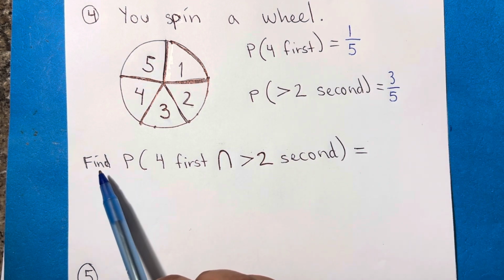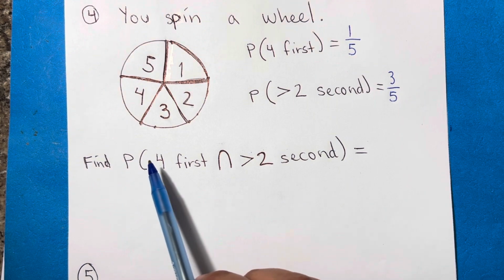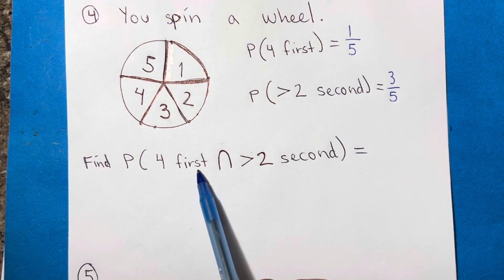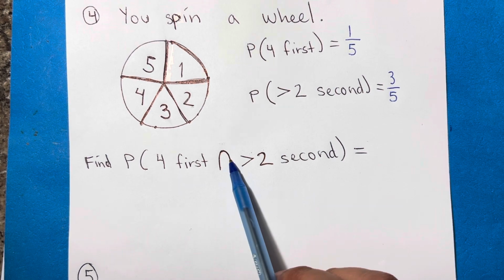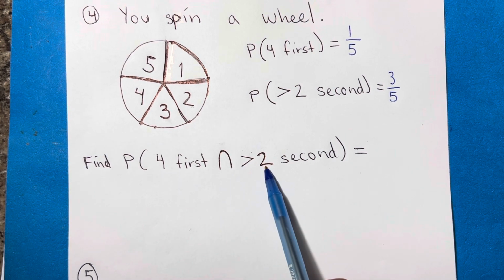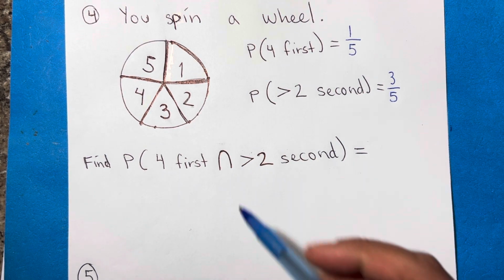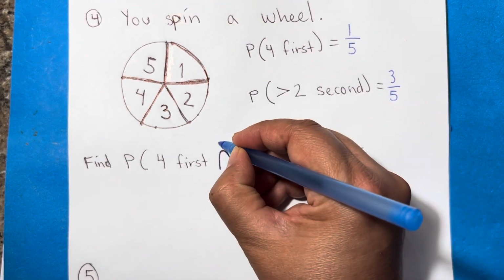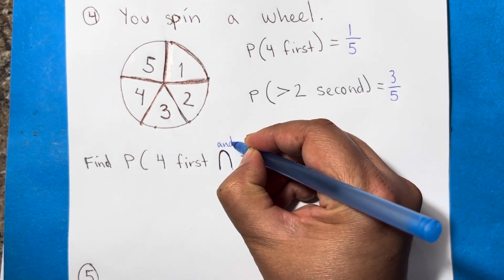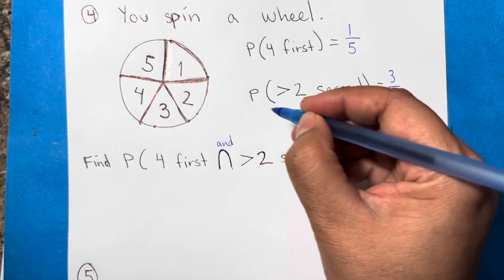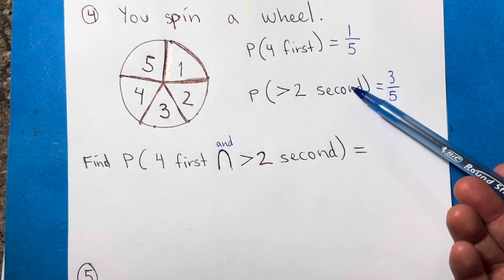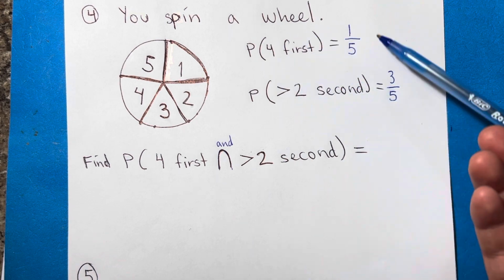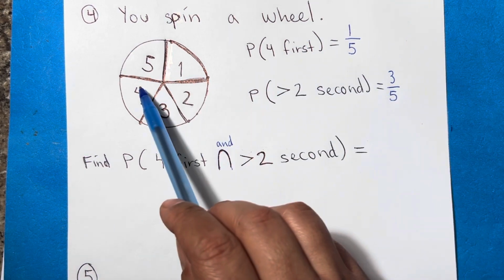But now it says find the probability that you get a 4 for the first time you spin and a number greater than 2 the second time you spin. So this symbol, which is a backwards U, represents the word and it's called joint probability. And as you can see, the second event is not affected by the first one because you still have a 4 in there.